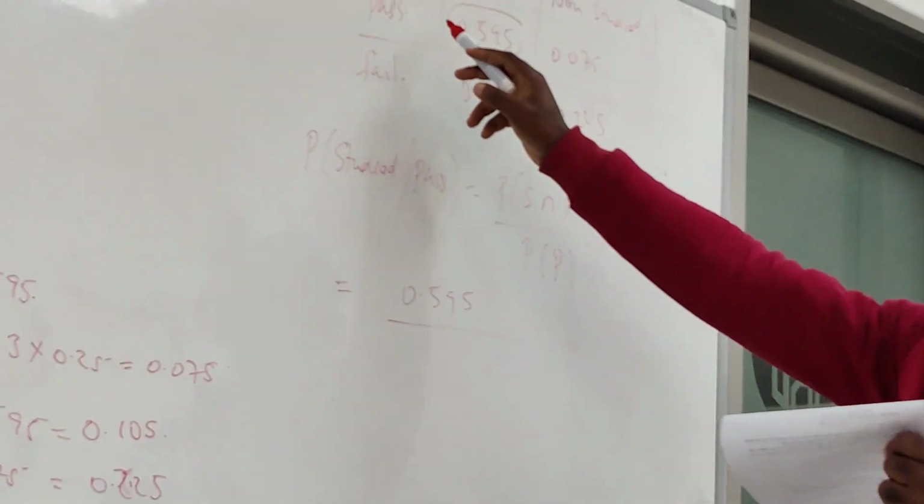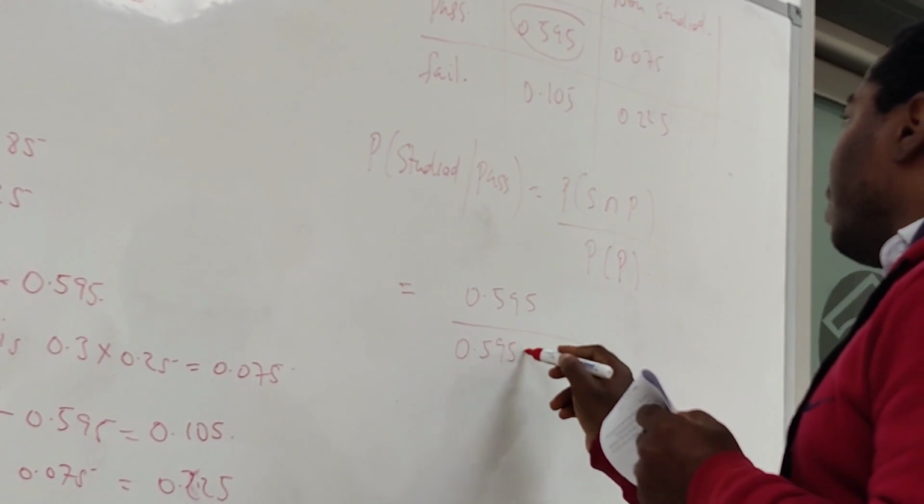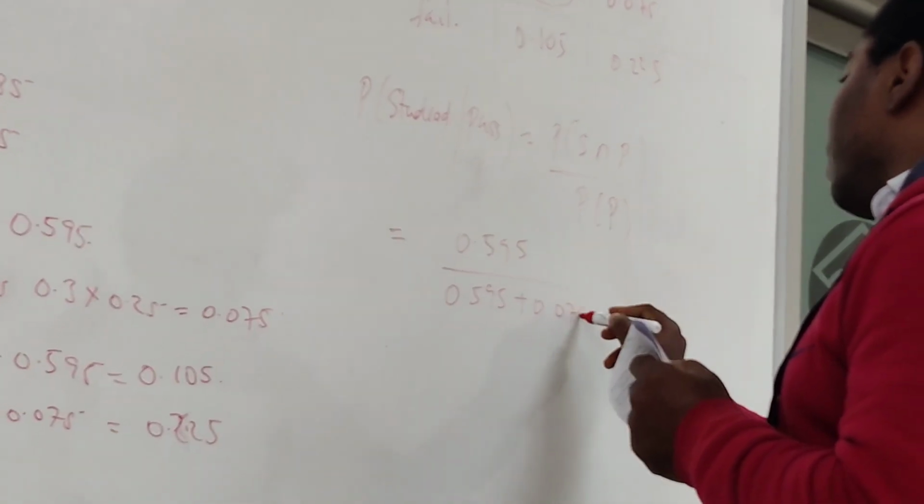And for passing, we have 0.595 plus 0.075.